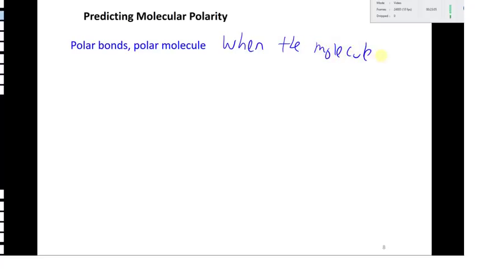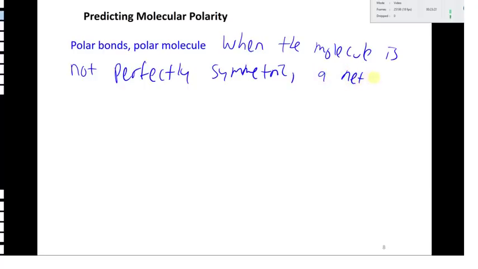When the molecule is not perfectly symmetric, those individual bond dipoles will not cancel out, and a net dipole results. Now again, for this, you sometimes have to be able to think in 3 dimensions a little bit, but an easy example of this would be water.